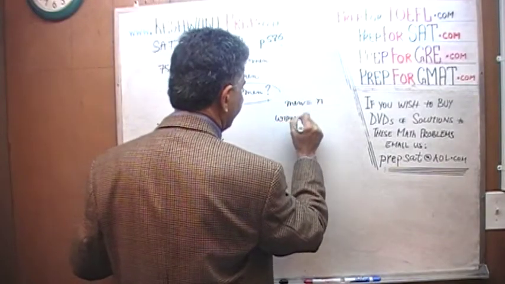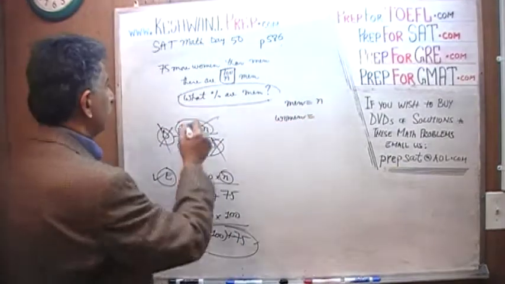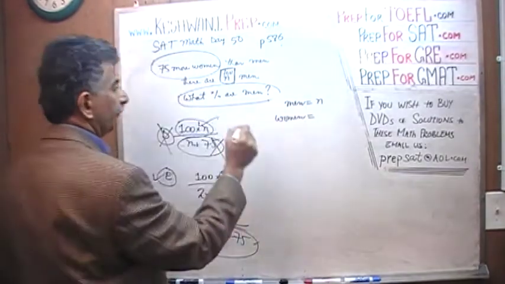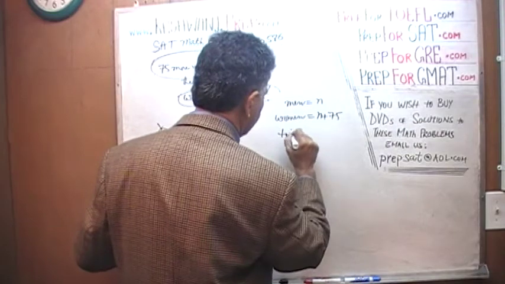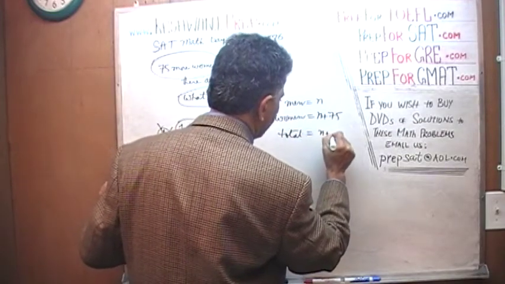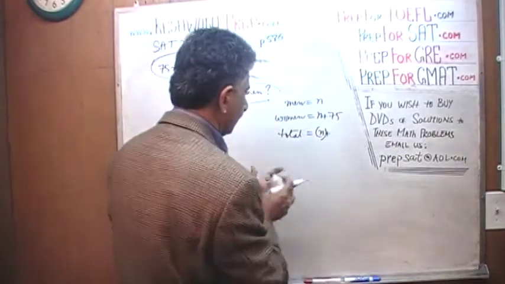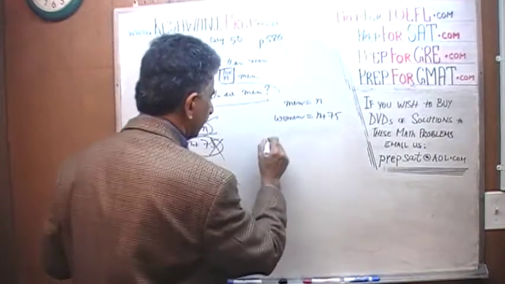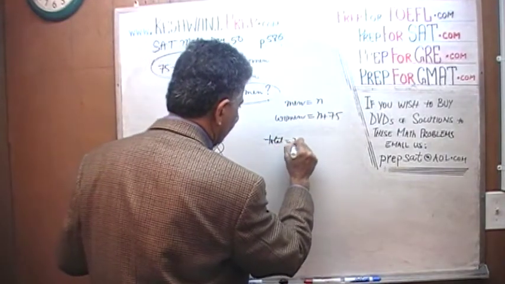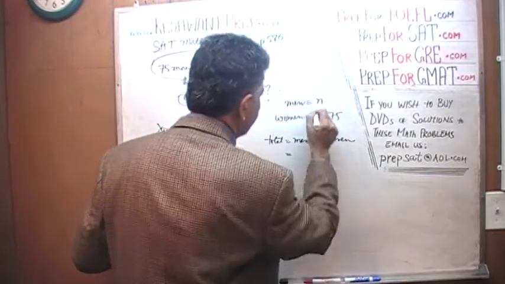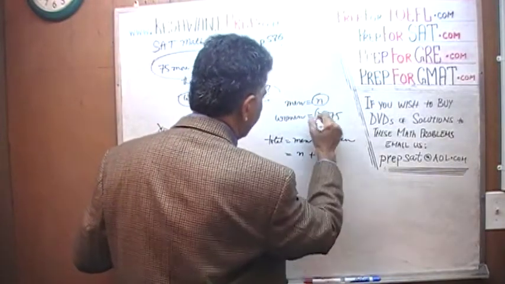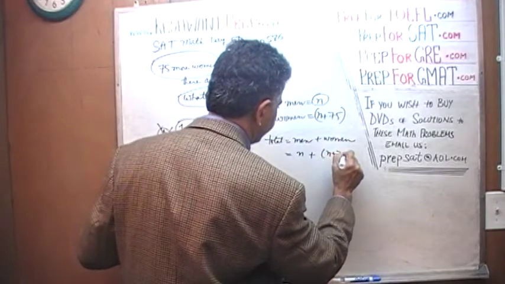The number of women, we are told, is 75 more, so it's going to be n plus 75. And therefore the total is men plus women, which is n plus n plus 75.